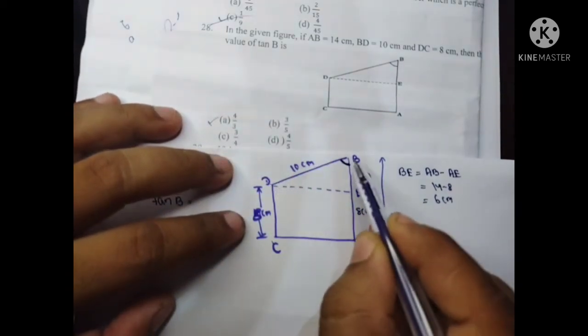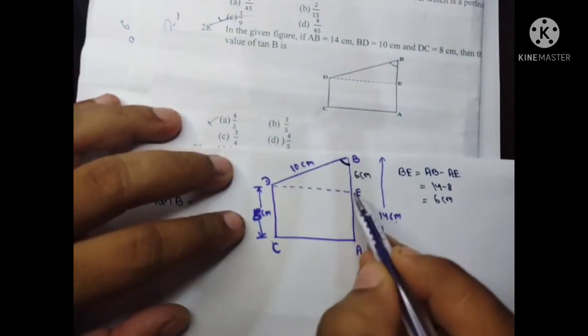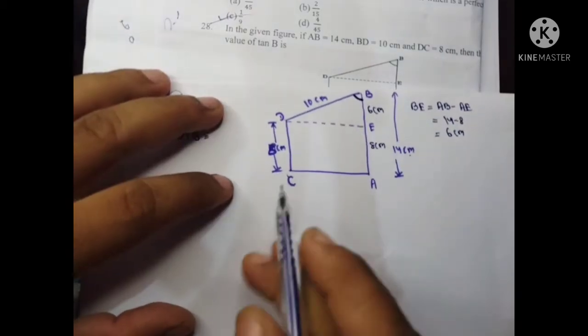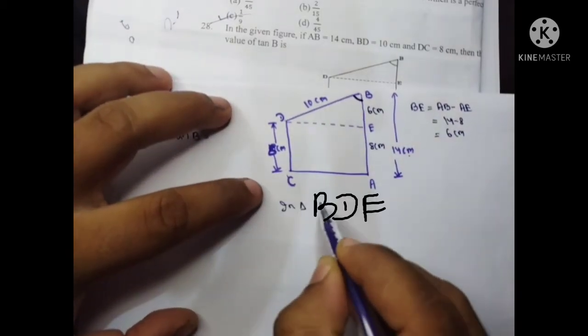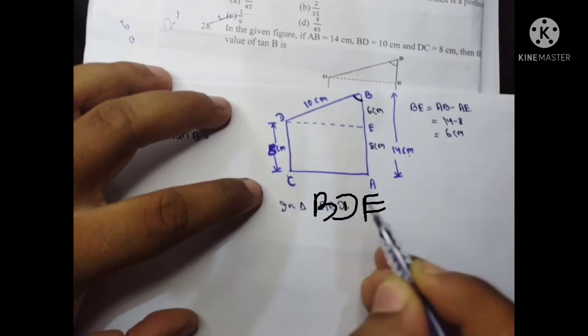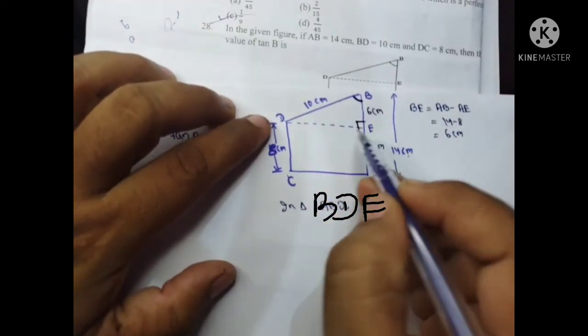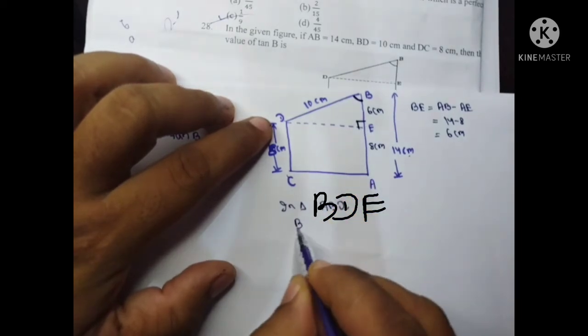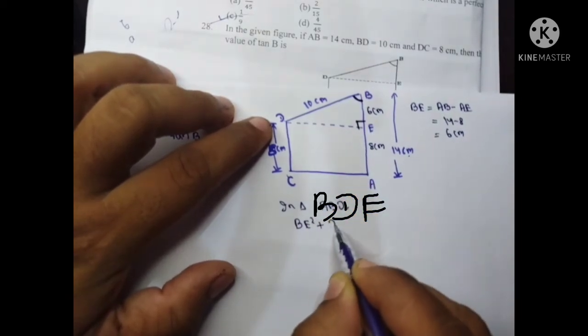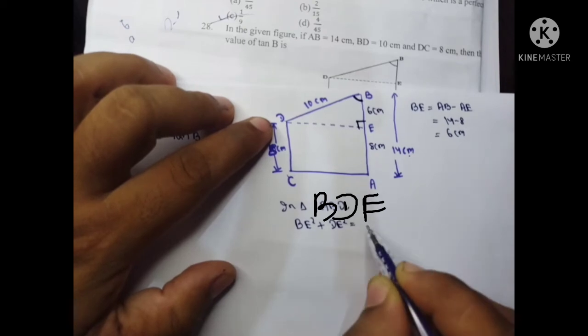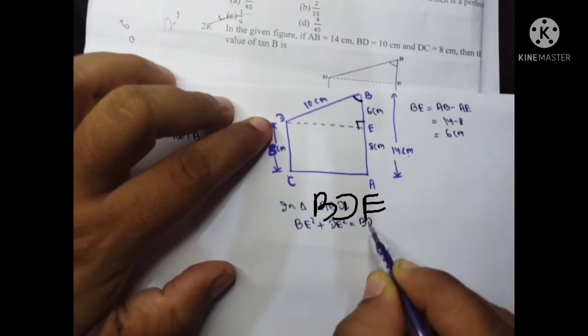Now apply Pythagoras theorem in triangle BDE. In triangle BDE we have angle E equal to 90 degrees. So BE square plus DE square becomes BD square.